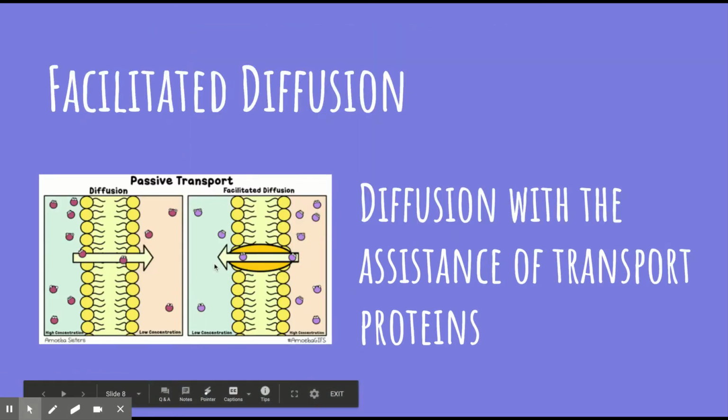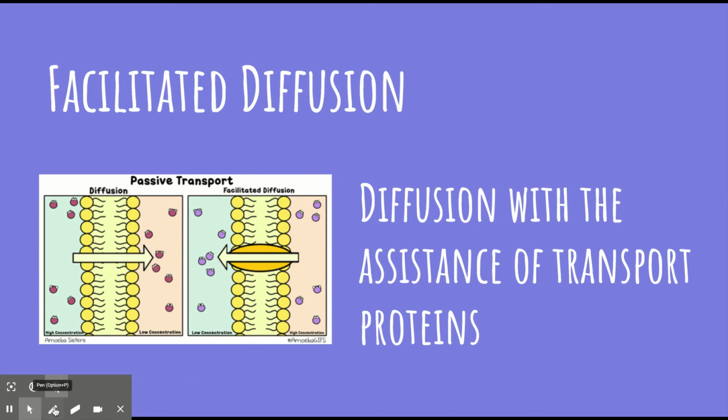All right, so there is another type of diffusion, which we call facilitated diffusion. It's diffusion because it's still from a high concentration to a low concentration. But not everything can easily just move through the membrane. Some substances need some assistance, and they need assistance through something called a transport protein.